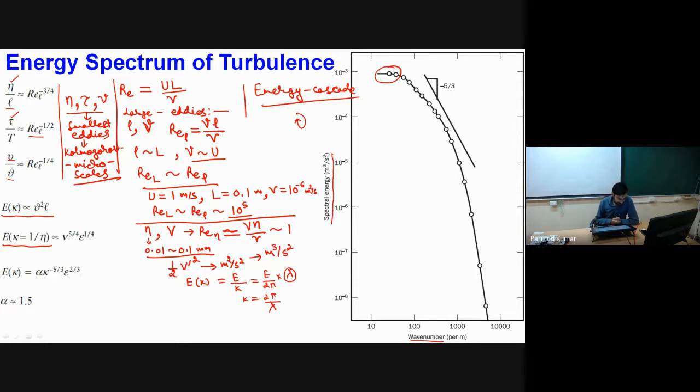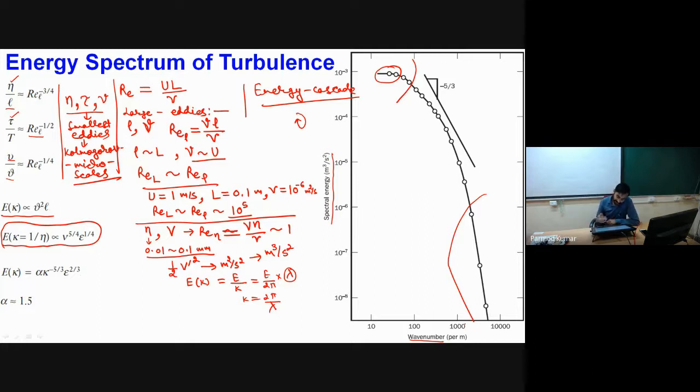Okay, and some scale has to be defined between the largest eddies and the smallest eddies. This energy V square into L will be applicable in the large wavelength region, and the energy associated with the dissipative component will be applicable in the region where we have very small wavelengths, but we also have certain intermediate wavelengths.